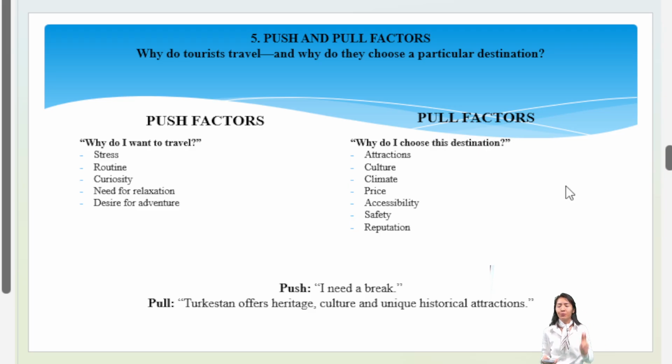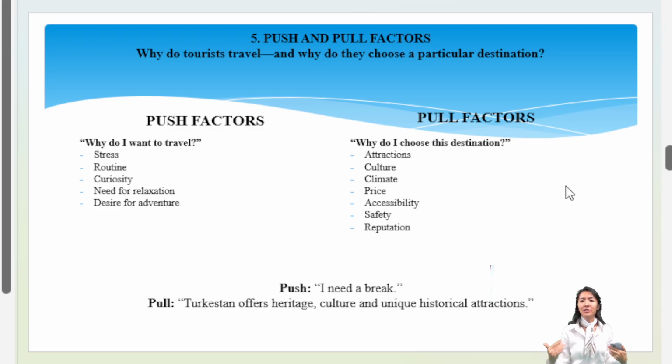Let's also talk about why people travel and what they get from traveling. There are two factors: push factors and pull factors. Push factors mean why I want to travel. They want to escape routines, or they have curiosity, or they want to gain more knowledge and see new places.